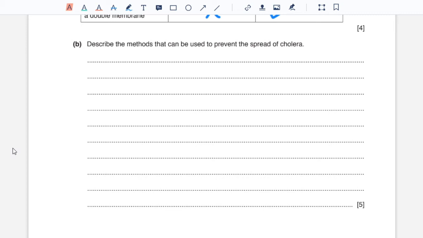You could also write about providing oral rehydration therapy as a treatment and educating people about washing hands before eating and not handling cooking utensils without doing so.